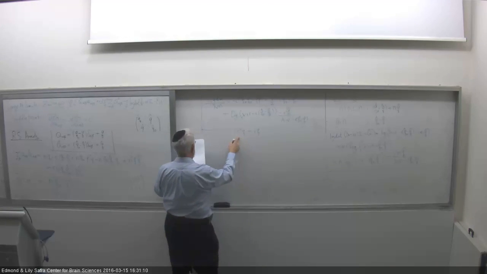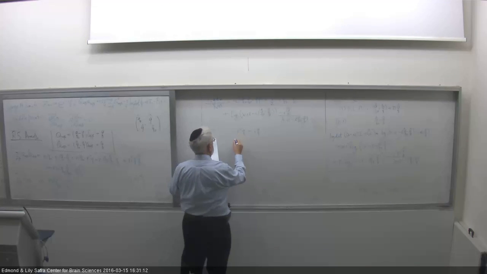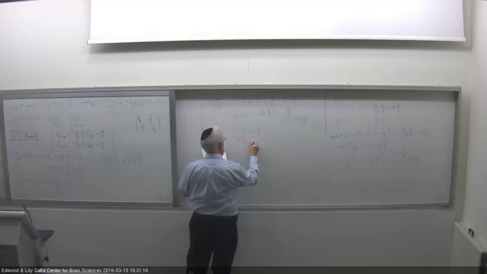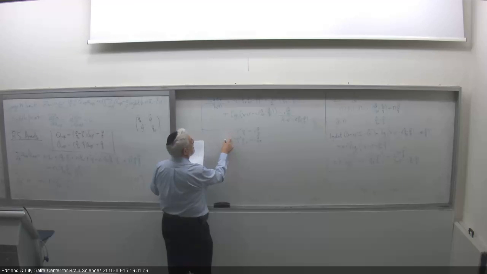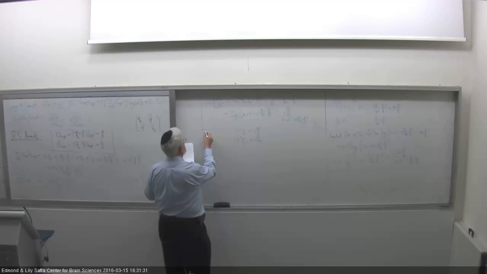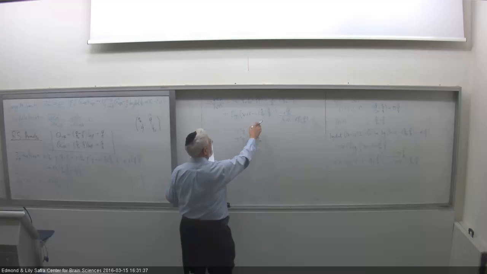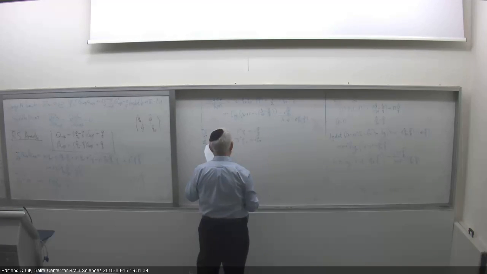So I take derivative with respect to Q hat, and derivative with respect to Q hat 0. This is derivative with respect to Q and derivative with respect to Q0. This is d dq and this is d dq0. These two equations, and now derivative with respect to Q hat will involve also the log.